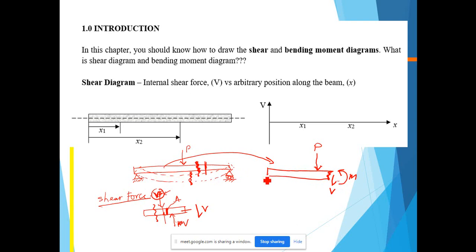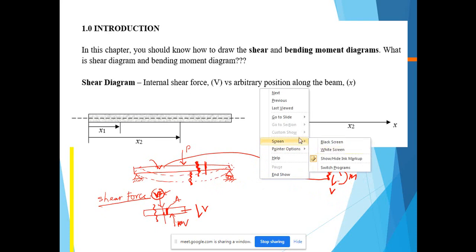So for the case of a beam, if there is a load applied on the beam, the internal shear force and also internal bending moment will be developed in the beam. Again I repeat, when the beam is subjected to load P, the internal shear force and internal bending moment will be developed in the beam. So that is the first concept you should understand.